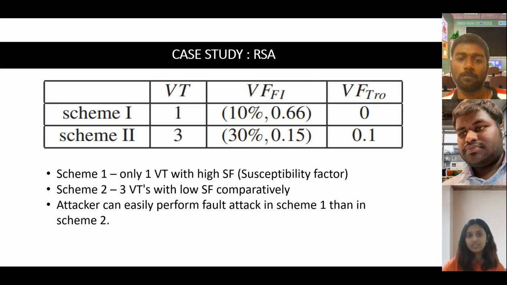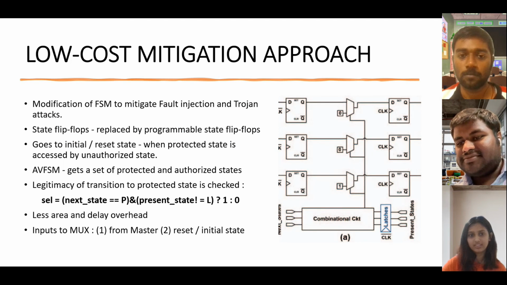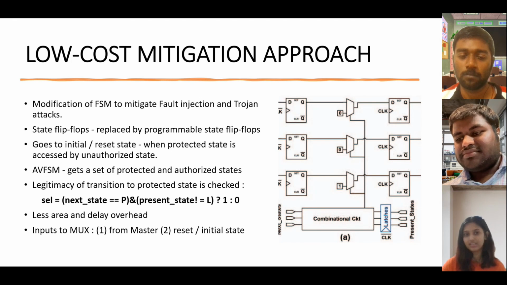So I guess we can say from this that scheme 1 is more prone to the attacks than scheme 2 because of the higher SF value. The paper also gives us a solution in order to mitigate the aforementioned attacks. Instead of using the scan flip-flops, programmable state flip-flops are used. They go into either reset or initial states whenever the protected state is being accessed by an unauthorized state.